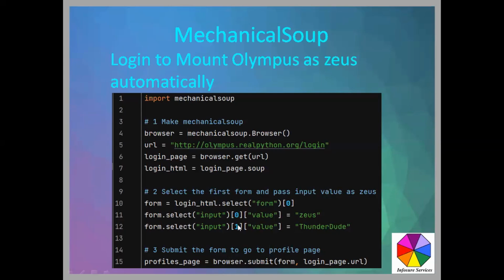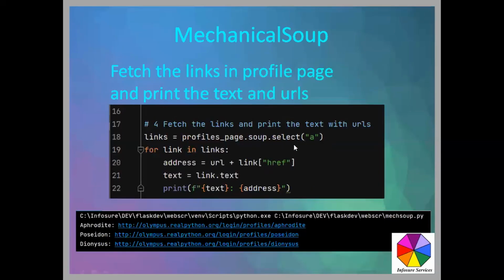So these are the lines of code for opening this website. We log in automatically. Finally, we fetch all the profiles, look through the profiles, look for the href, the links of various gods, get that link text and print it out.